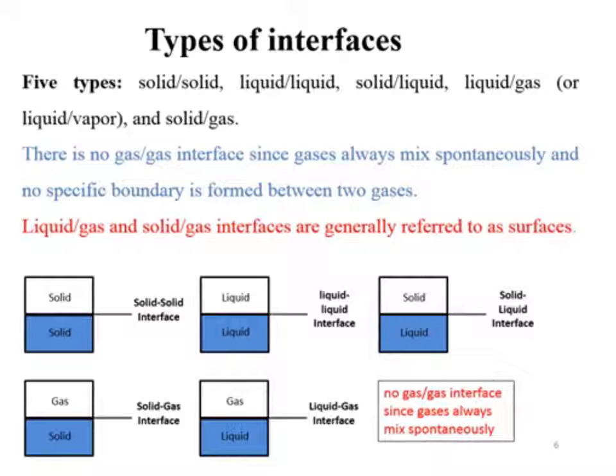Now we will go to our second type, the liquid interface. If the interface is present between two immiscible liquid phases, then this interface boundary is called a liquid interface. Let us go to our third type, the solid-liquid interface. It means a boundary which is present between solid and liquid phases.